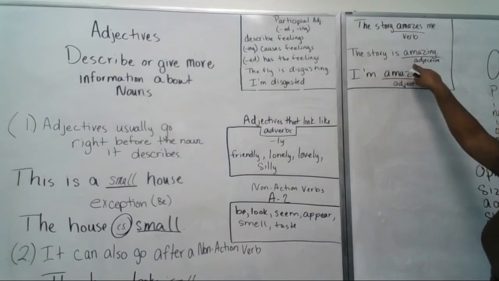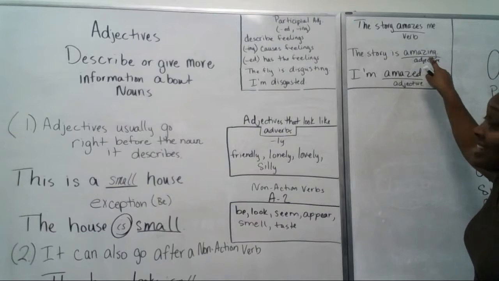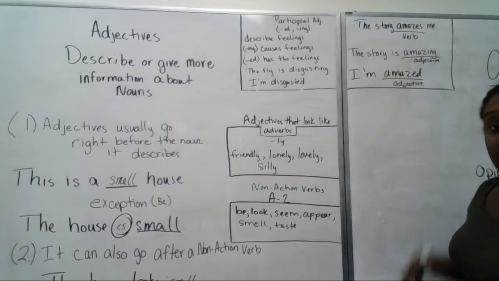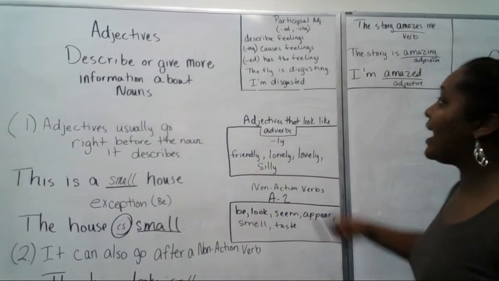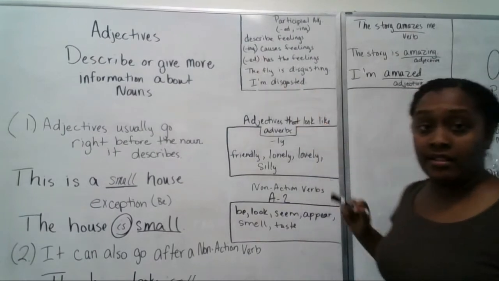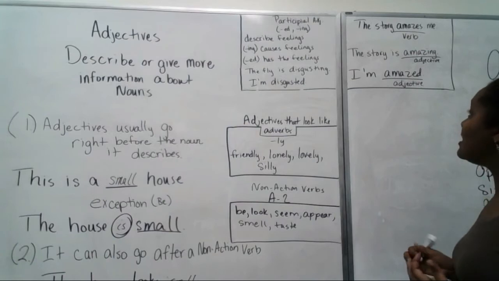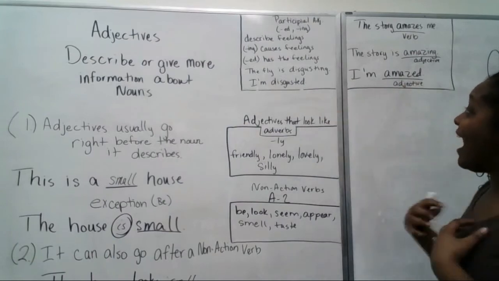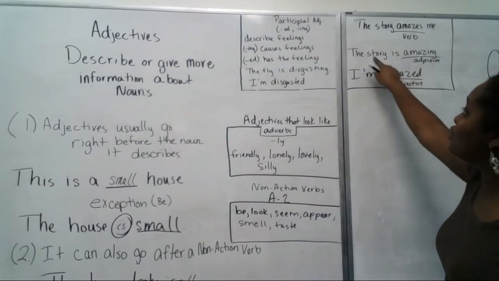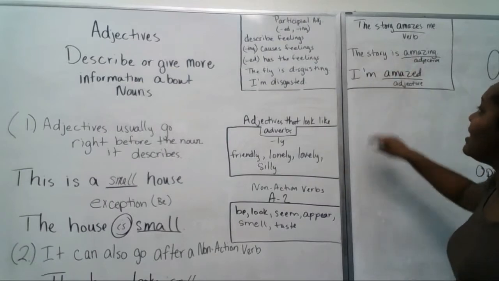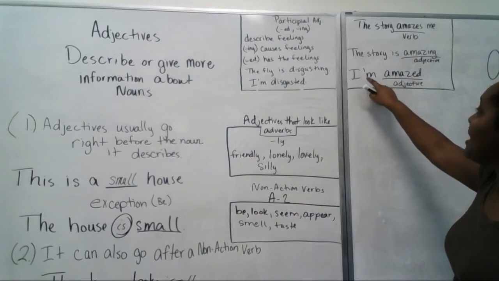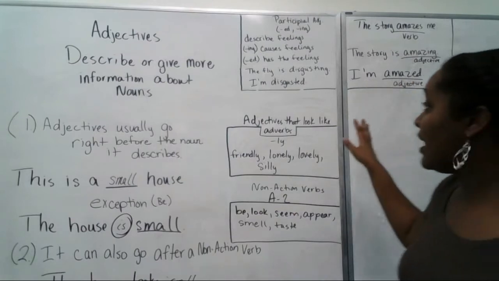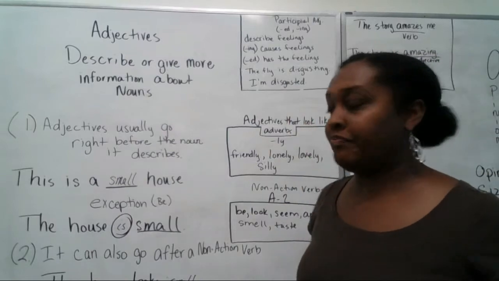Amazing is an adjective. It's describing the story. It's telling you something about the story. You can also say, I'm amazed. That means I have the feeling. The story causes me to feel amazed. So that's also another way that we use this verb.